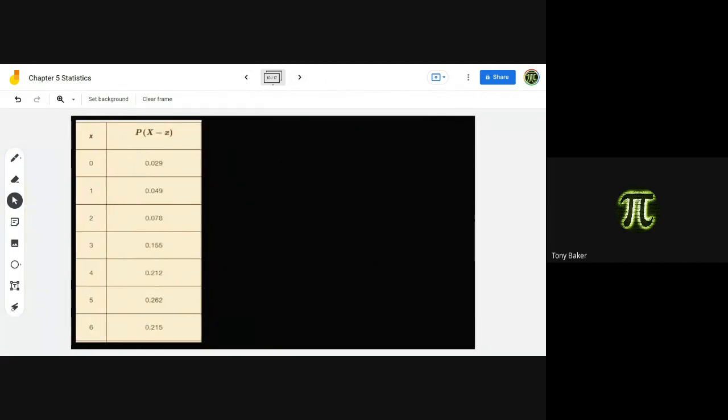So here's our table. So we want to find the mean. I don't remember which table this one was. Hold on, I can give it to you. I think this is example 5.7.